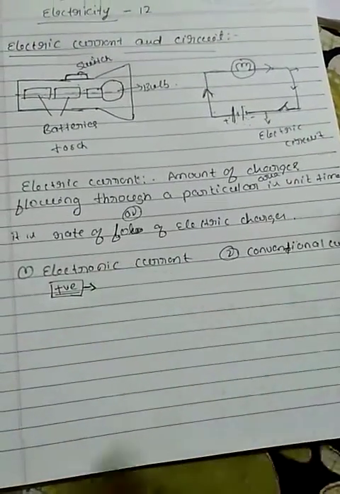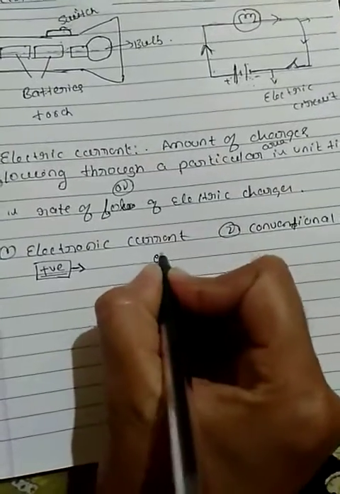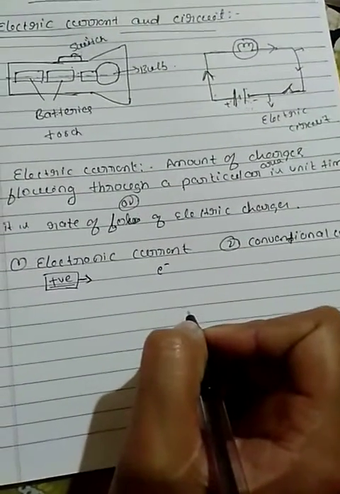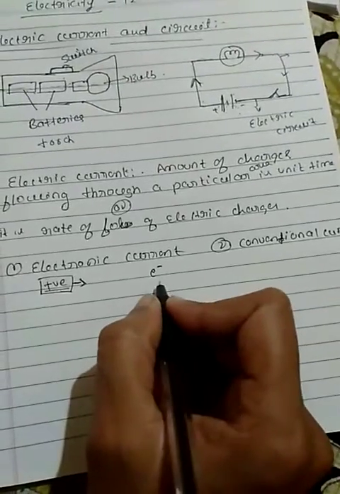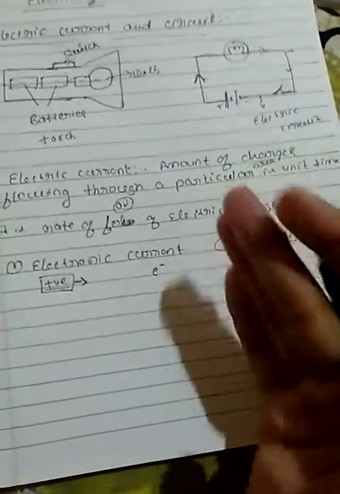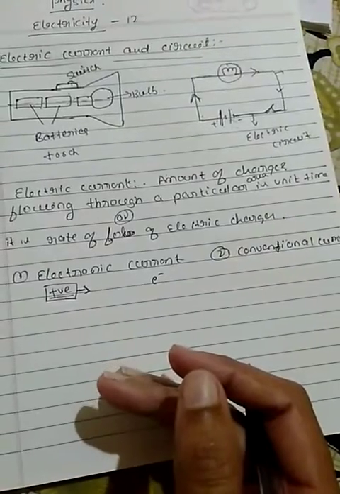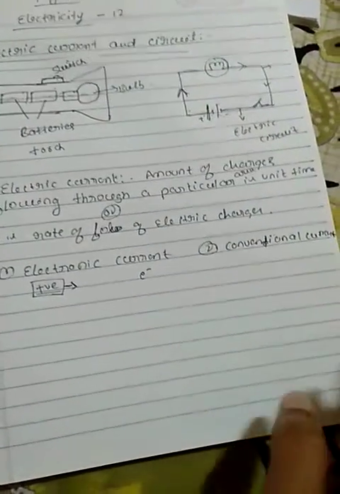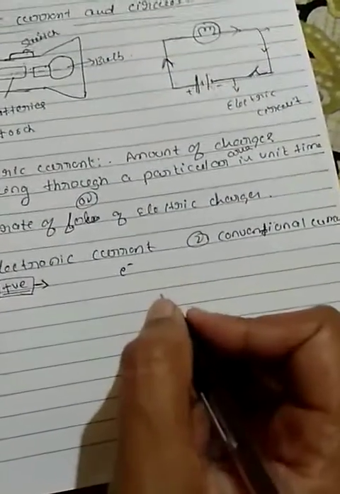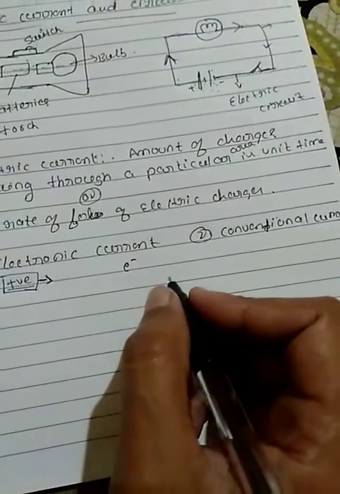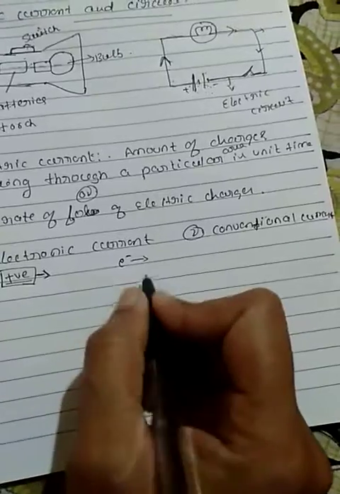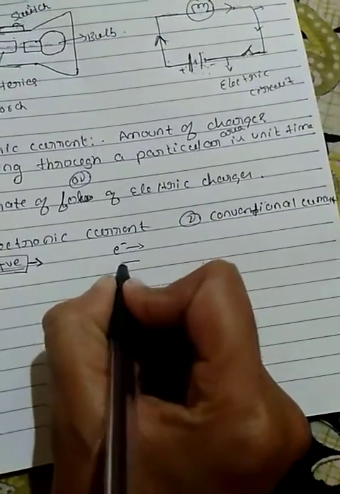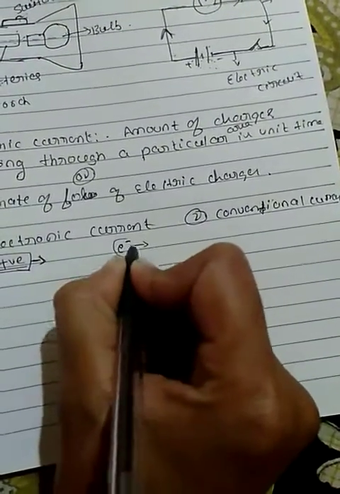But after the discovery of electrons, in an electric circuit the direction of electric current is taken as opposite to the direction of flow of electrons. If the electrons are flowing in this direction, the electric current flows opposite to it.